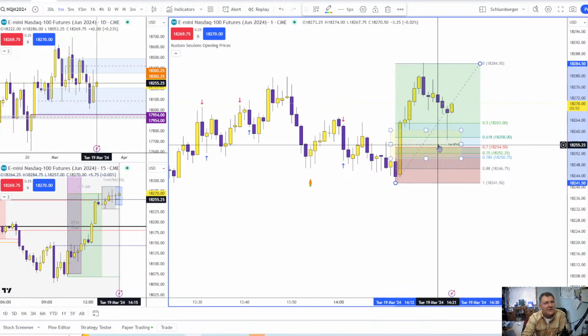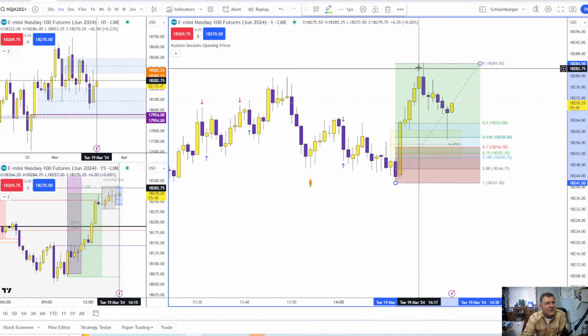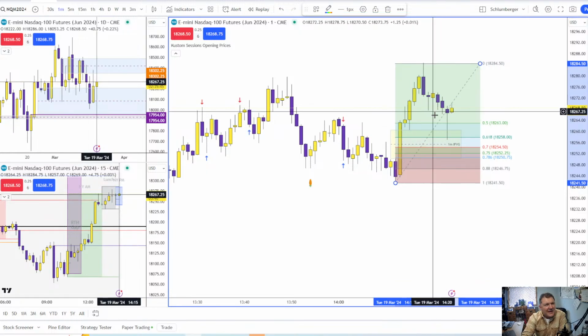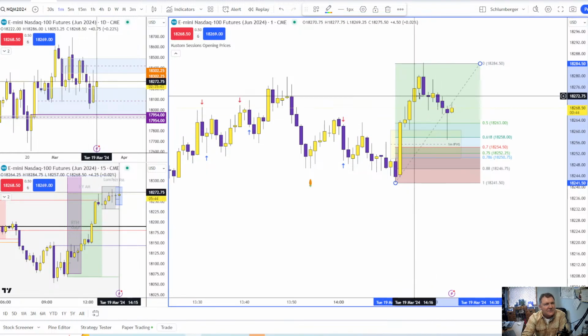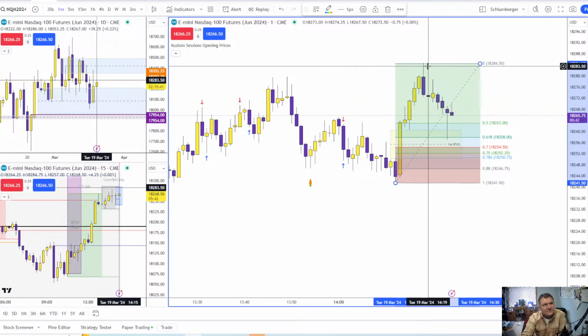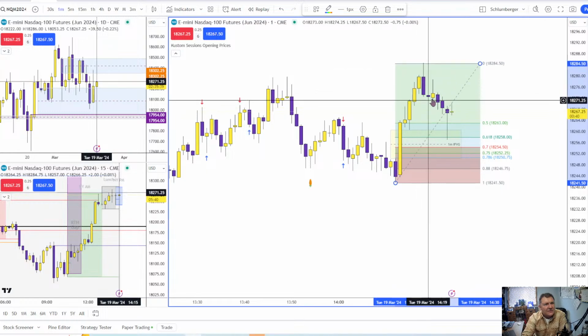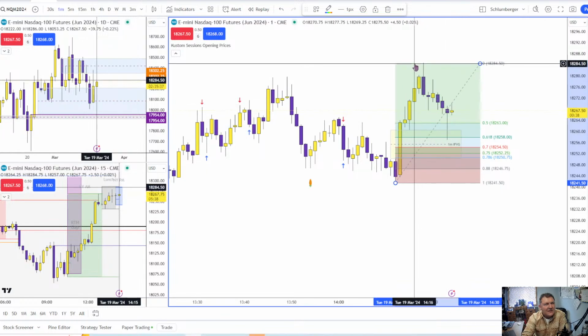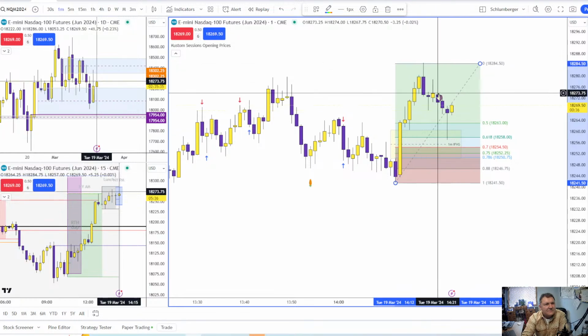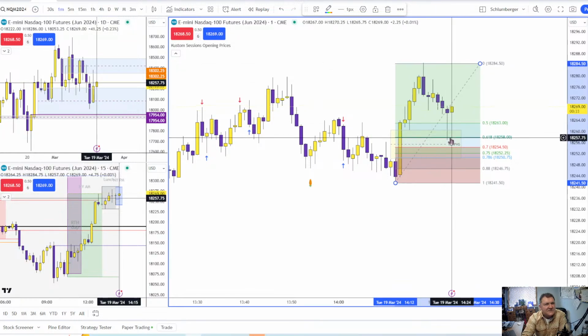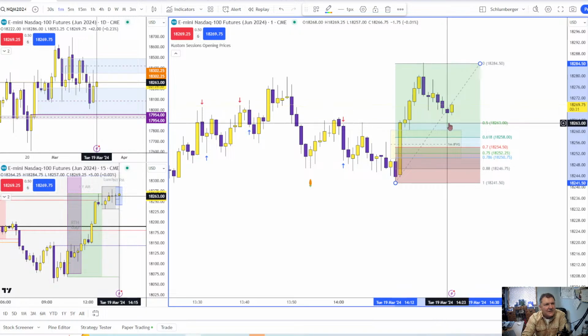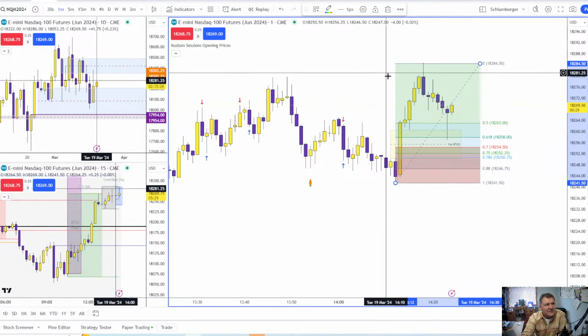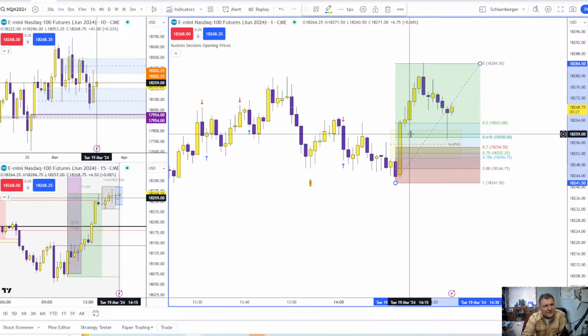Now if it runs up above you and takes out all this stuff above, you just got to bank some cash with zero stress. Because the first time it broke the first point right here, you slam it up to break even. You hit 62%, you slam it back to stop. Just take your stop loss and drag it down, drag it down, drag it down.